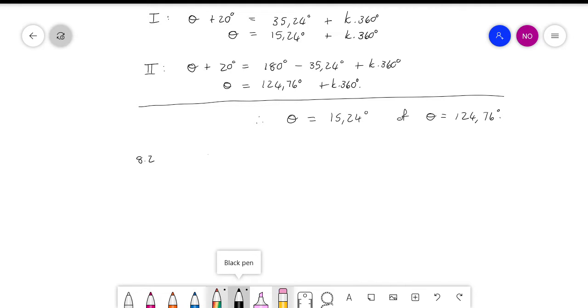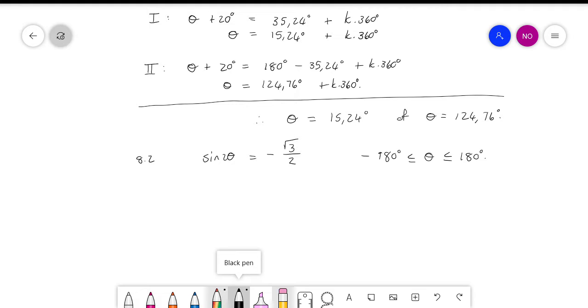So jy moet sê die sin van 2 theta is gelyk aan minus wortel 3 op 2. I already wrote it in a fraction. Okay, and you do the same thing.